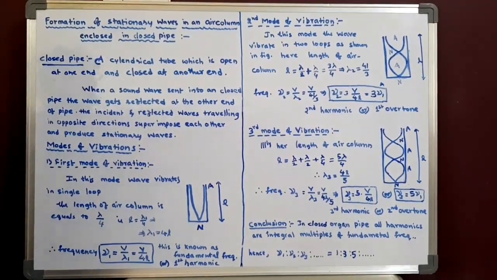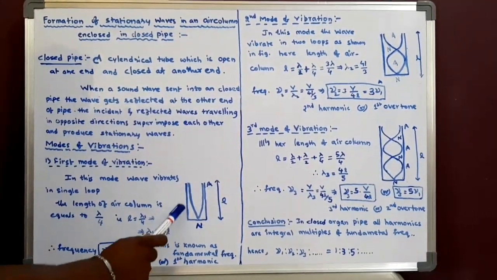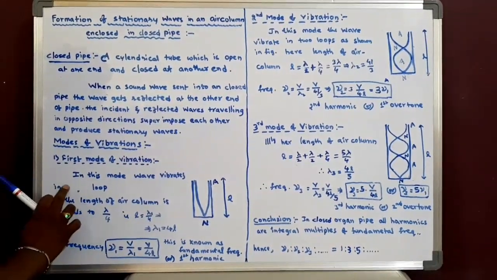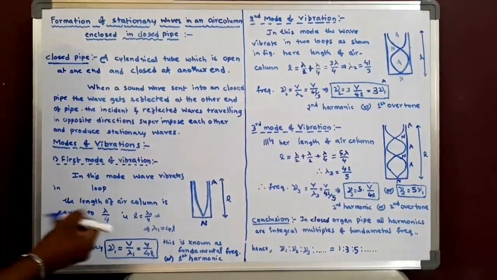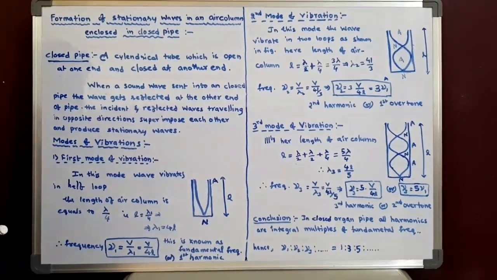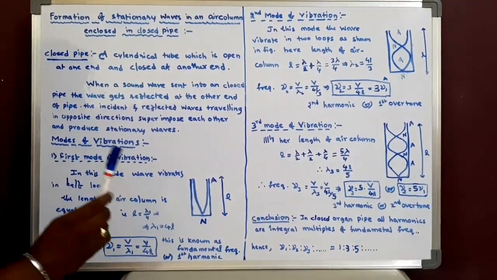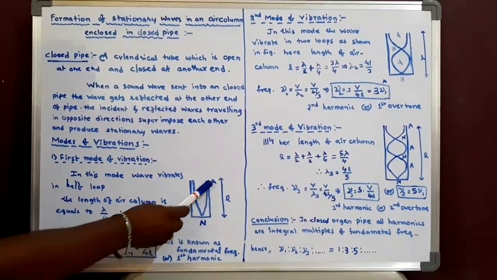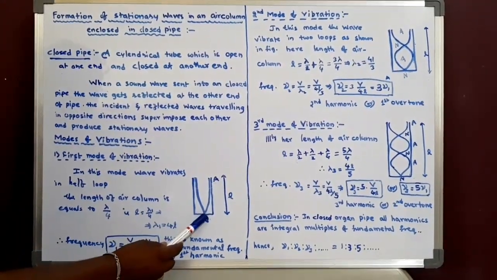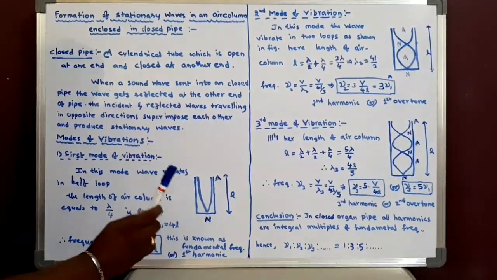Okay, what is the first mode of vibration? In this case, in the first mode of vibration, there exists only one loop, which I wrote here. That means one antinode and one node will be generated. You must remember that the open end always has an antinode, and the closed end always has a node.